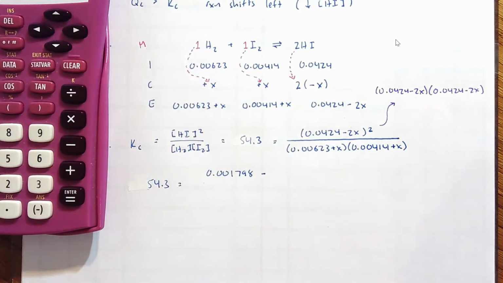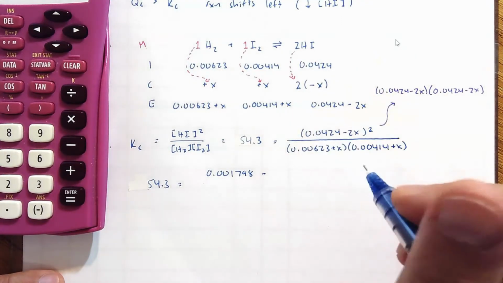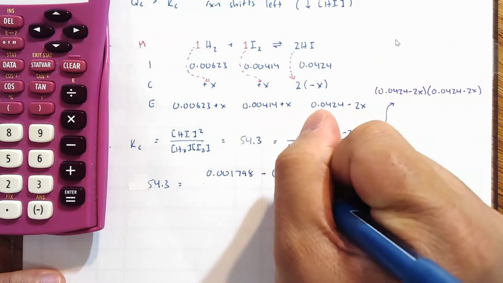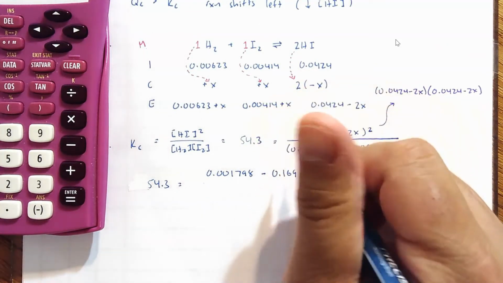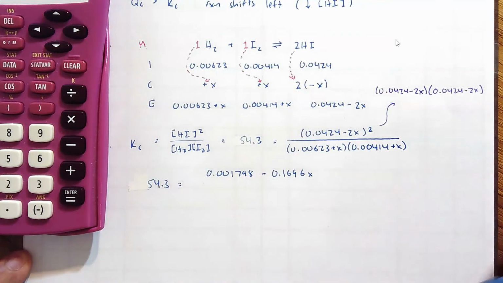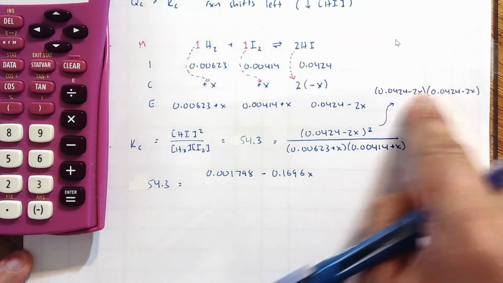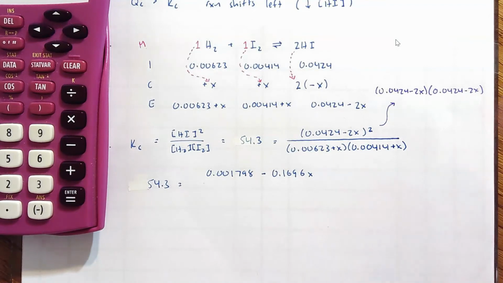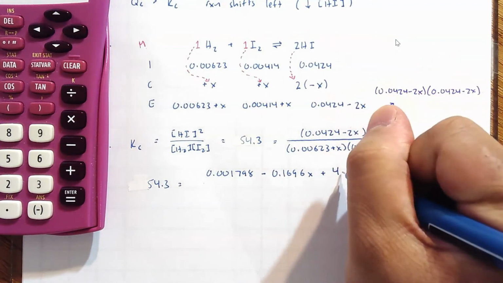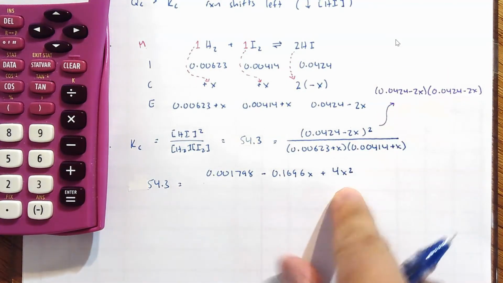Okay, so the x term is negative 0.1696x, and then, oh boy, and then we multiply these two, and that's a negative times a negative, so that's positive 4x. This is my x squared term.